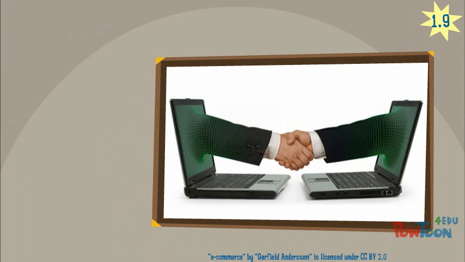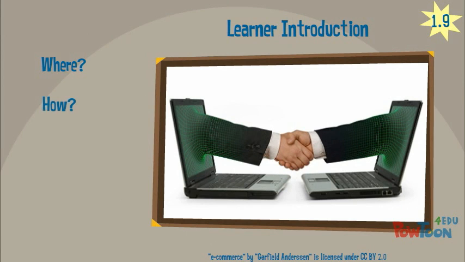1.9 says that learners should introduce themselves to the class at the beginning of the course to create a welcoming environment and a sense of community where students can reach out to others. Learners should be explained where, how, when, and in what format they need to provide their introduction.